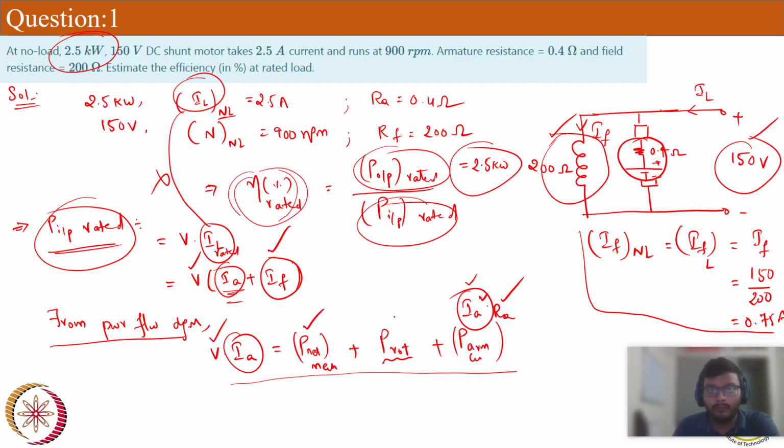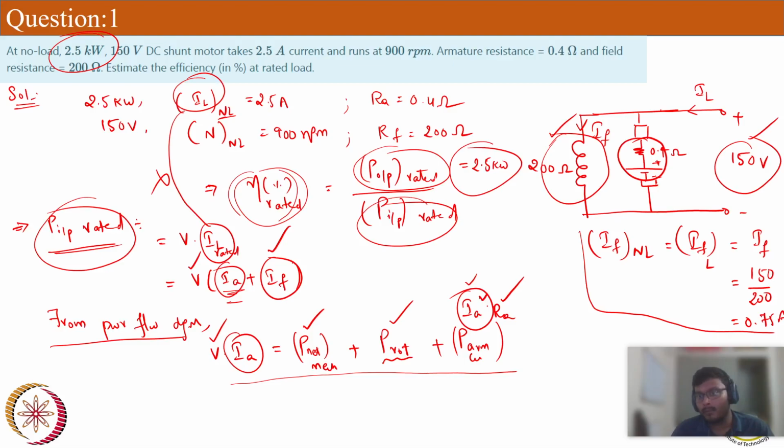So what is that one quantity we require to get the answer? That is rotational losses. Now we know how to calculate these rotational losses. We already talked about the no load condition. From the data we have, how much is my motor taking at no load? So let's calculate the total losses at the no load condition. At no load condition, I don't have any output.